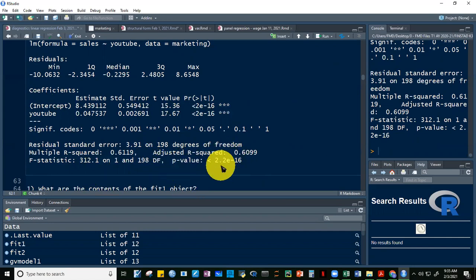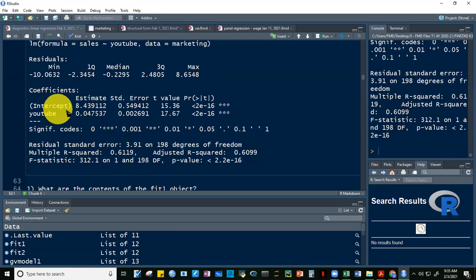P-value is practically 0, so we reject the null hypothesis that beta null is equal to beta 1 is equal to 0. Dito pala yung goodness of fit. Tapos dito naman yung individual t-tests for each of the parameters. Intercept has a value of 8.43. YouTube has a value of 0.047, and both are significant.